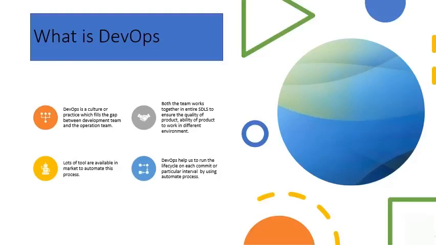Whenever you push the code, it will build automatically, test automatically, deploy automatically, and any other available operations will happen automatically. So basically we are taking care of each commit to the software development to ensure the quality and other aspects of the product. That was about the introduction.